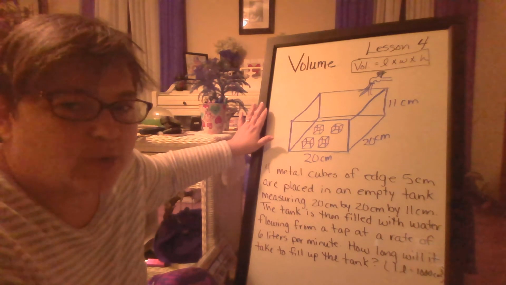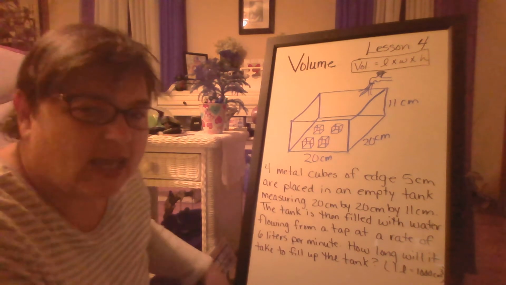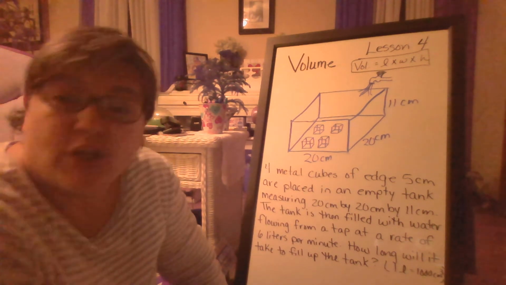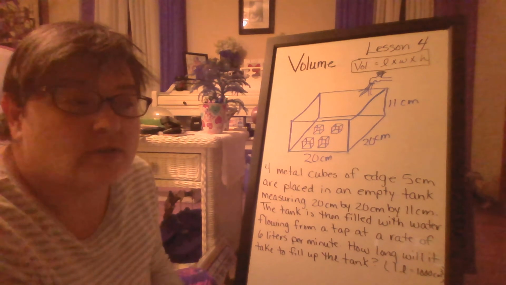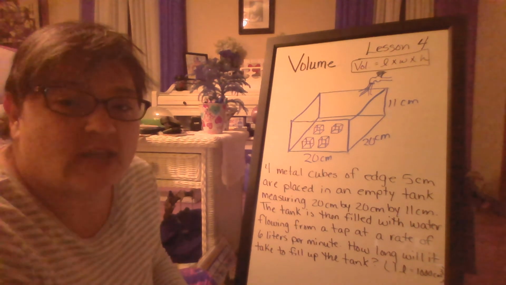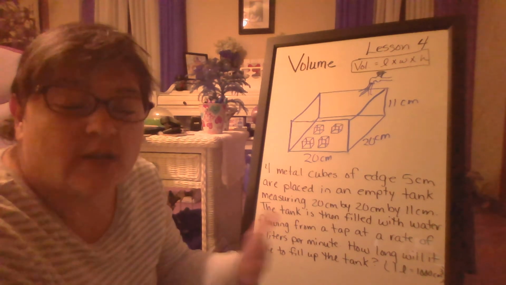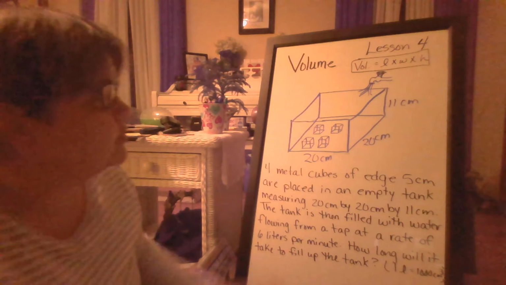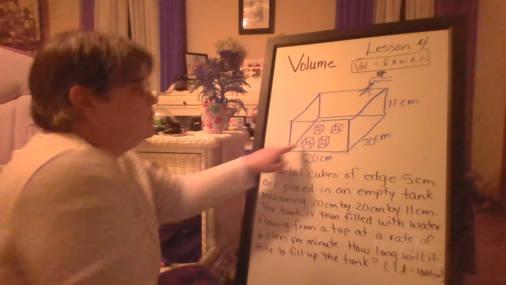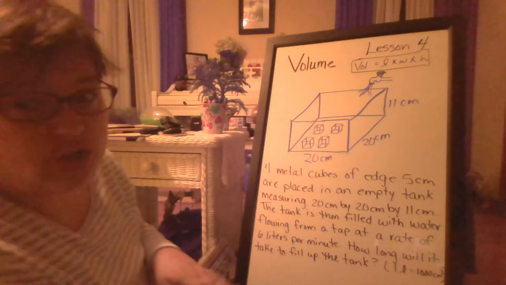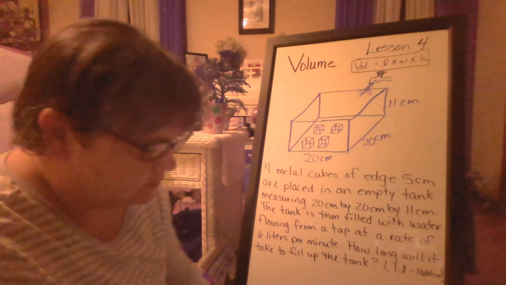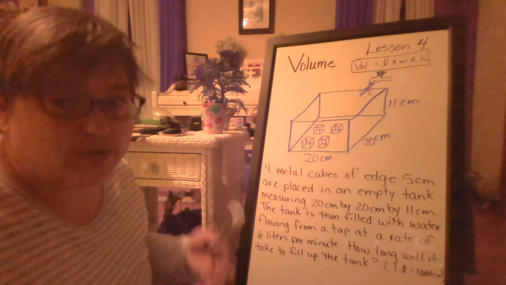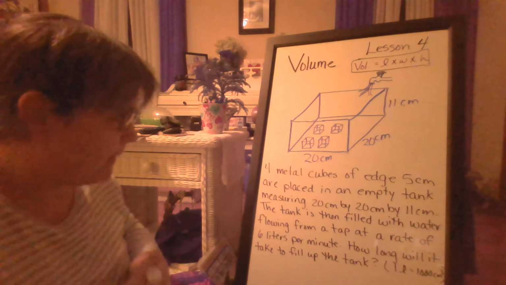Here's a similar but different problem, because now in our tank we have 4 cubes, and cubes by definition have the same length, width, and height. So we have 4 metal cubes of edge 5, which means 5 times 5 times 5, right?